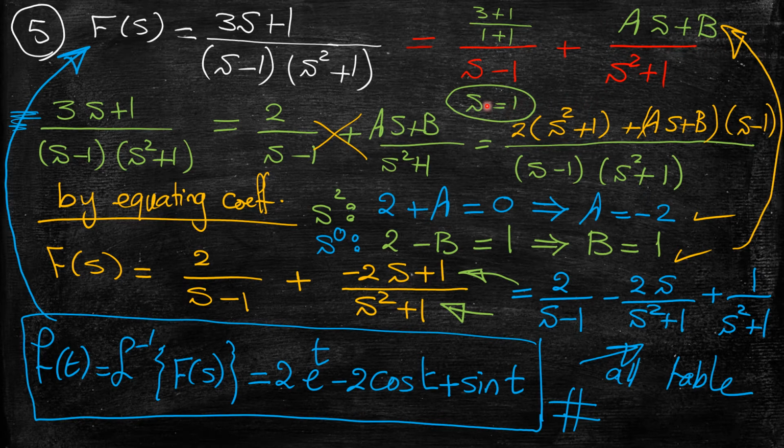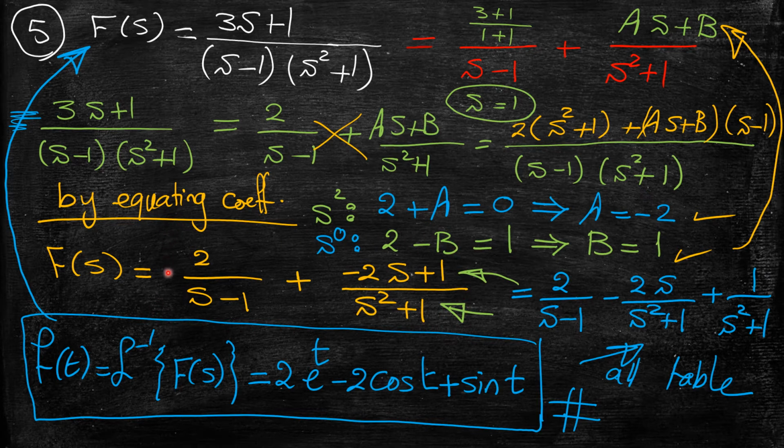Getting the numerator is very easy for the first one, and just by equating the coefficients for a common denominator, we will get this A and B. By getting A and B correctly, we have the final answer for this F of s in a simplified manner.